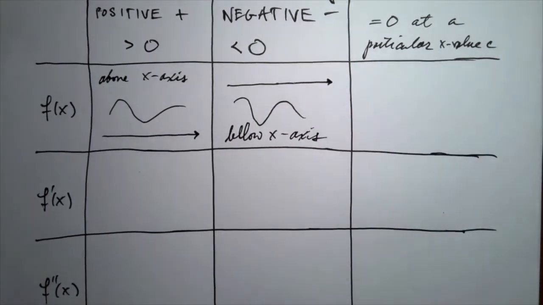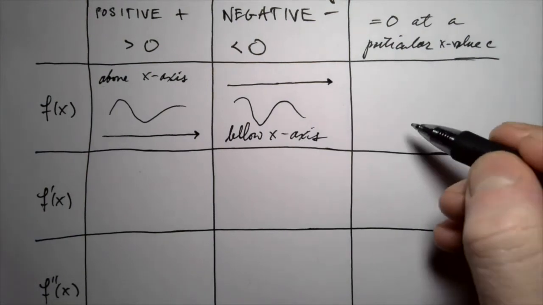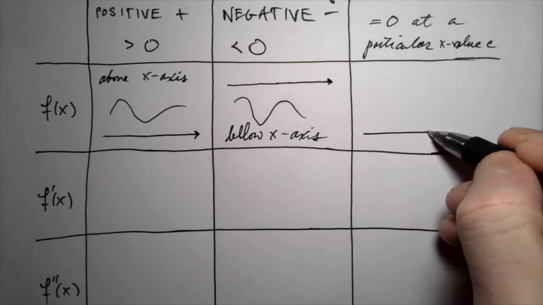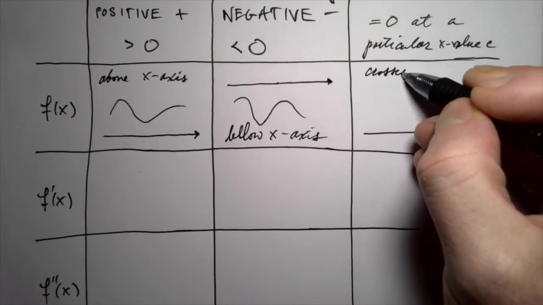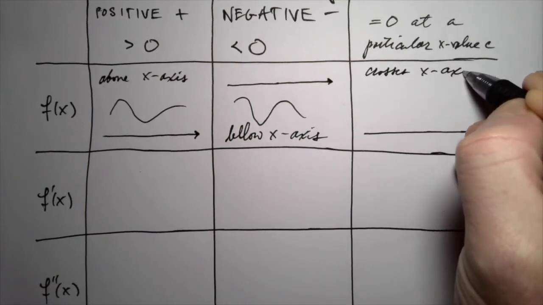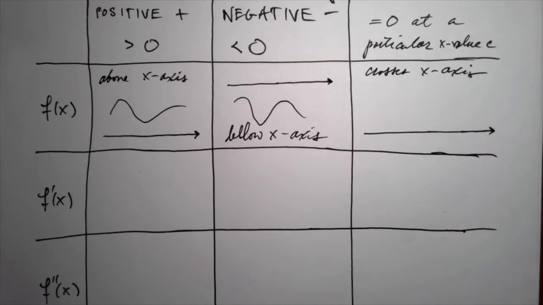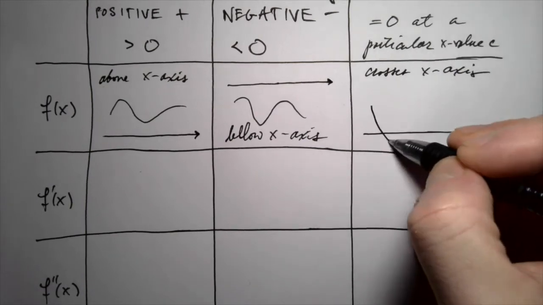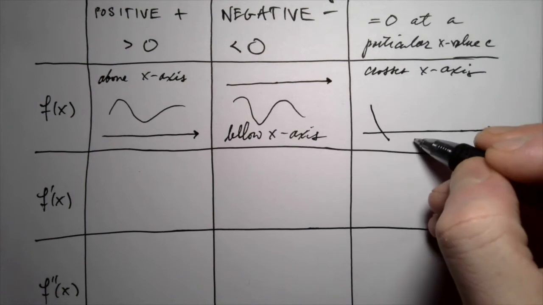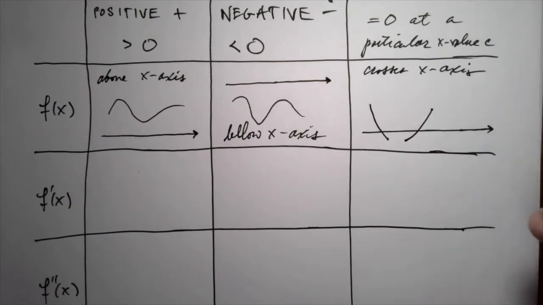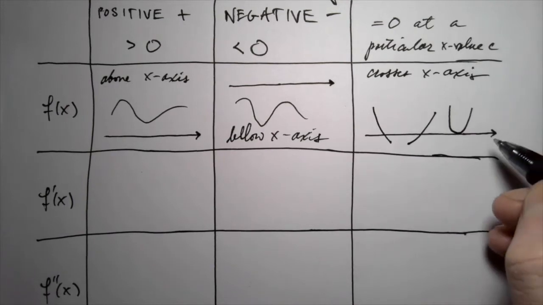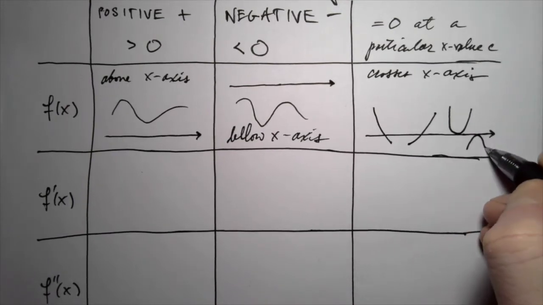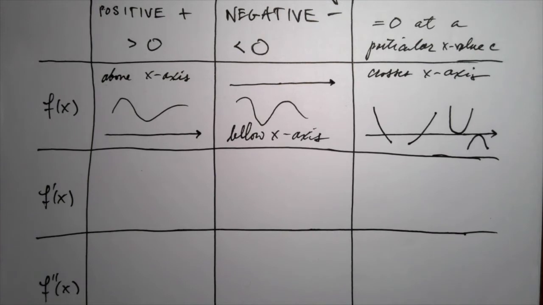And when a function is equal to 0 at a particular point, that just means that it crosses the x-axis at that point. And there's a few different ways that a function can cross the x-axis. It might go through it like that. It might be increasing and go through it like that. It could go down and just touch the x-axis from either side. So there's a few different possibilities there.